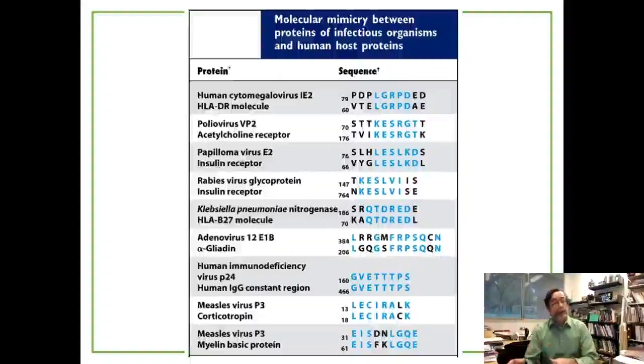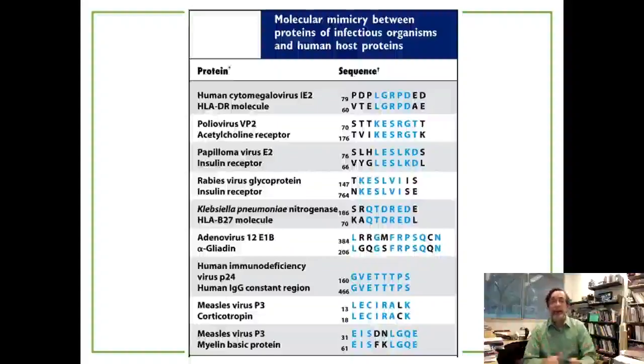So after you get infected with cytomegalovirus, your T cells are looking around for this LGRPD sequence. It turns out there's only so many amino acids and there's only so many spaces. By chance, you're going to accidentally get something that looks exactly the same. If the T cell reacts to that LGRPD, it's going to say, oh no, I found a virus, when it really didn't find a virus, it found an HLA-DR molecule snippet. But how can it tell?